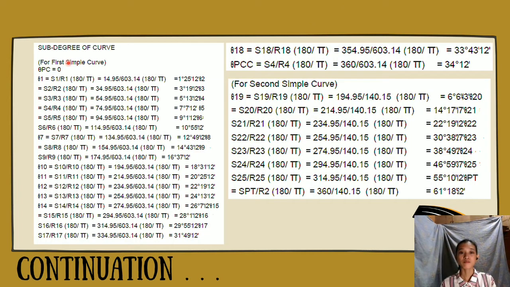Next, for the degree of the curve, we substitute the values we got to the formula for the arc length, and keep in mind on which side the station is located, as we will use R sub 1 for those in the first curve and R sub 2 for those in the second curve.